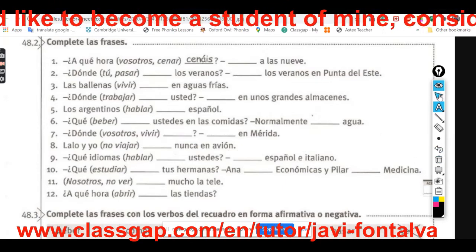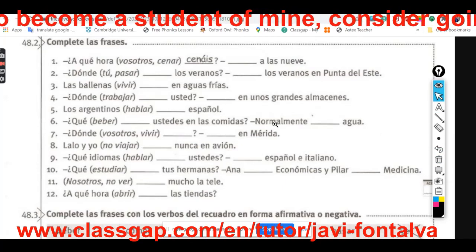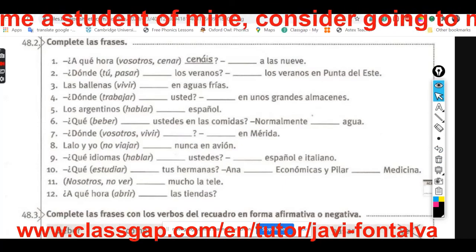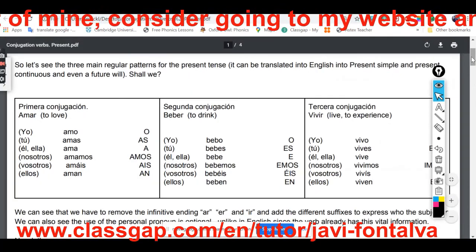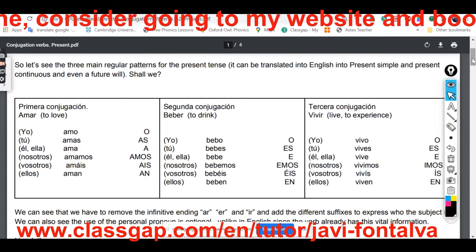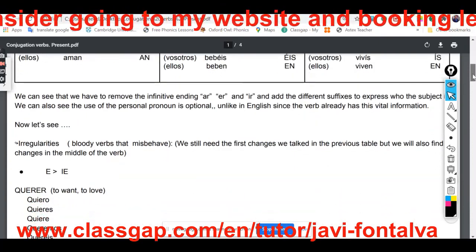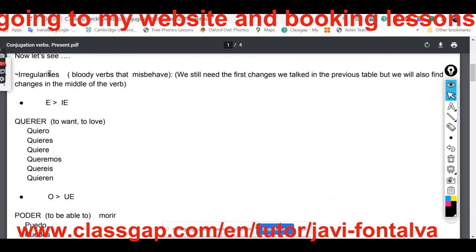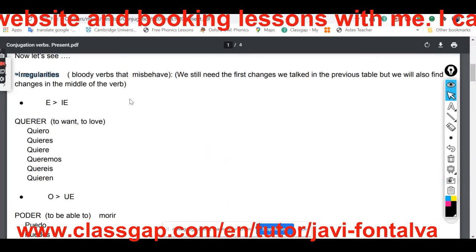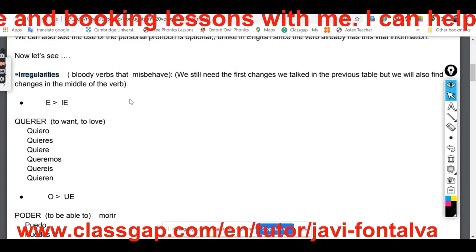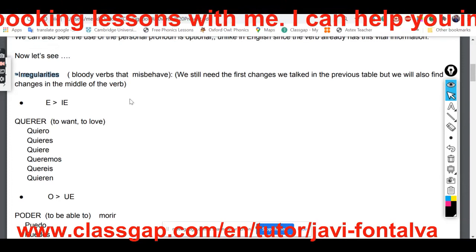All right, we're gonna try now something a little bit more challenging. So before doing the next exercise, Spanish unfortunately has what we call irregularities. So basically, that's when the root of the verb changes.